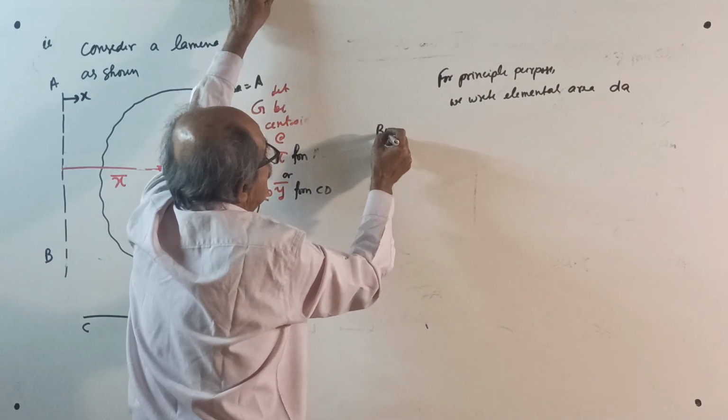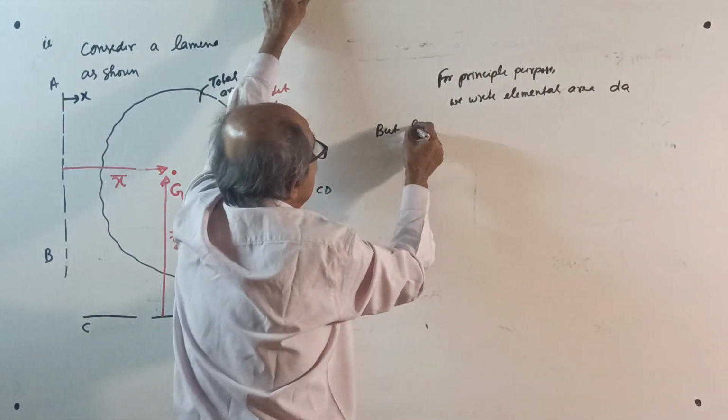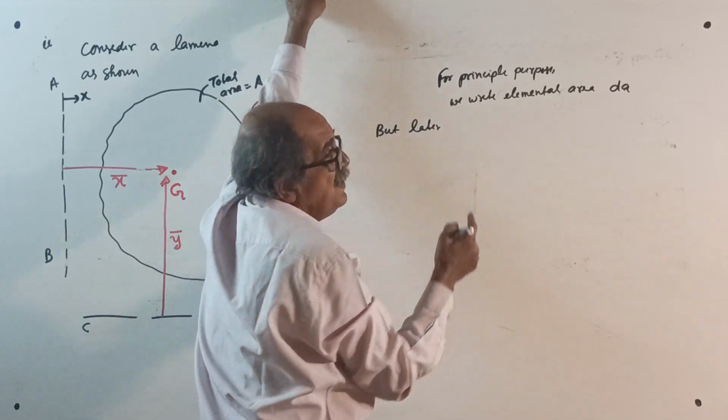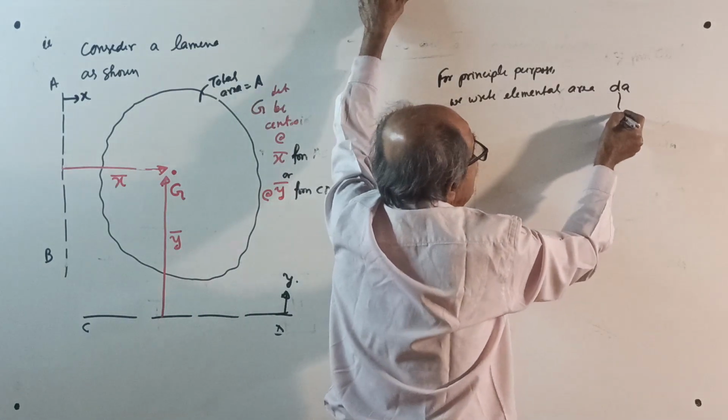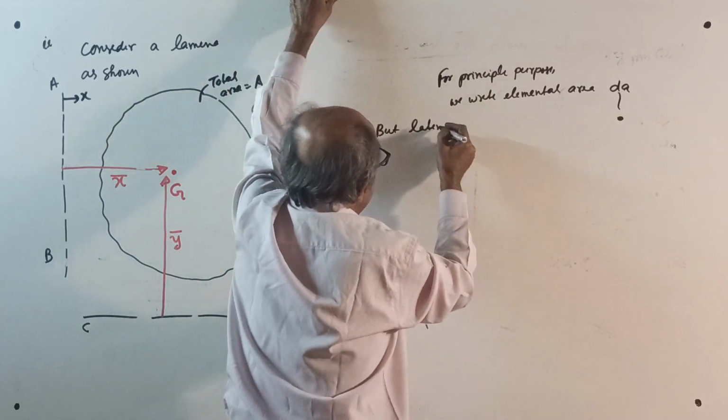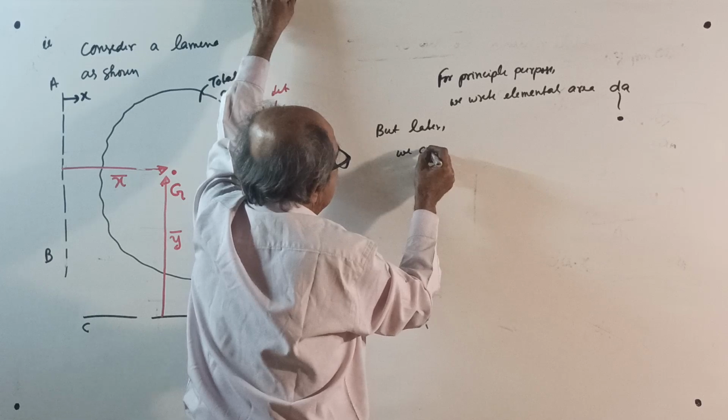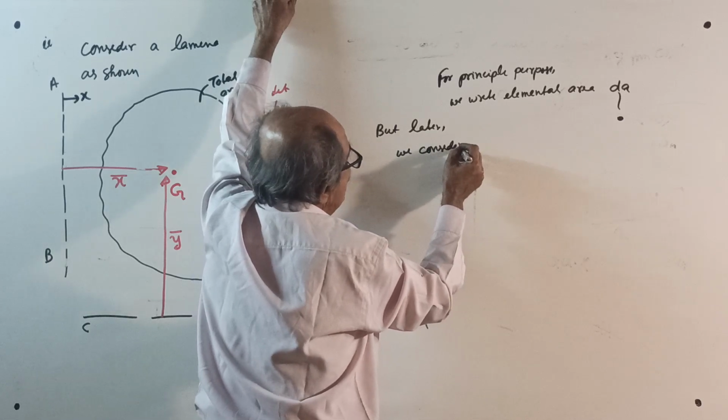But later, the area dA, which we consider to be something like this, we consider as an elemental strip.